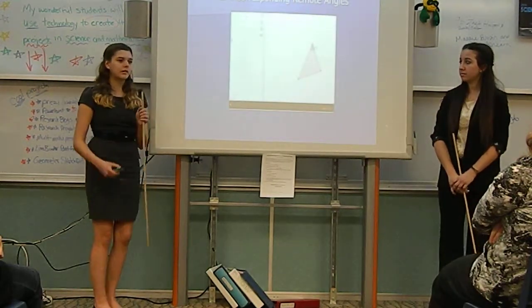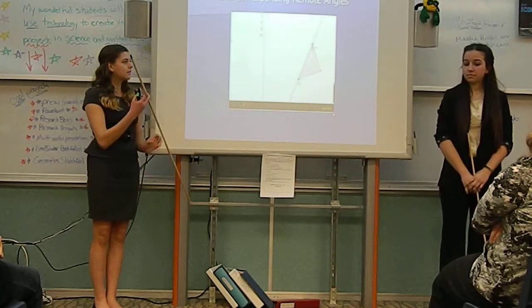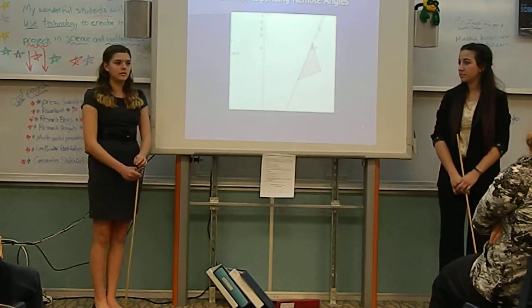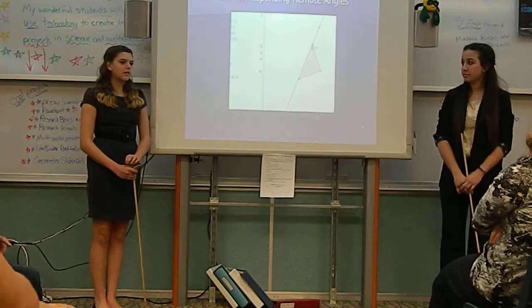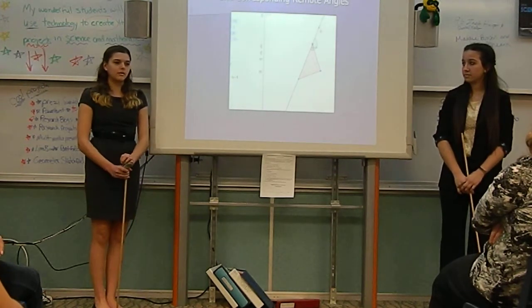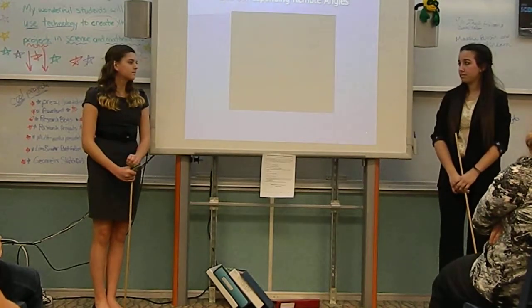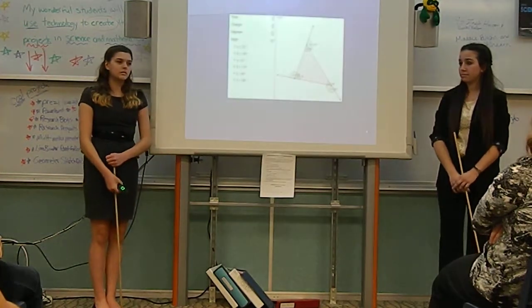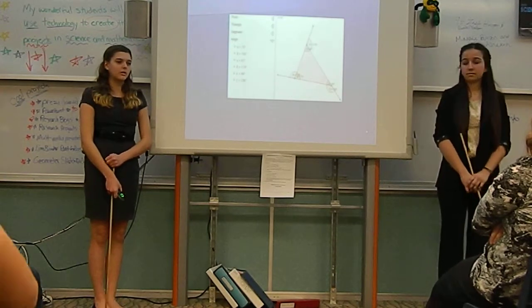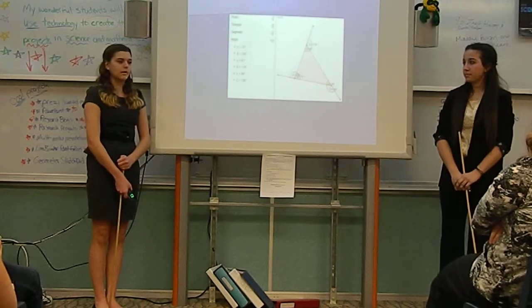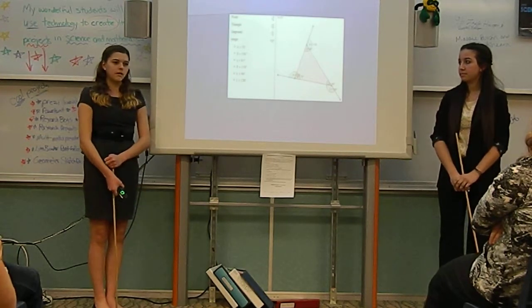The exterior angle plus its adjacent interior angle should equal 180 degrees if added together, if the exterior angle is found correctly. And then this is just a picture showing you what a triangle will look like if all three exterior angles were found versus just having one found.